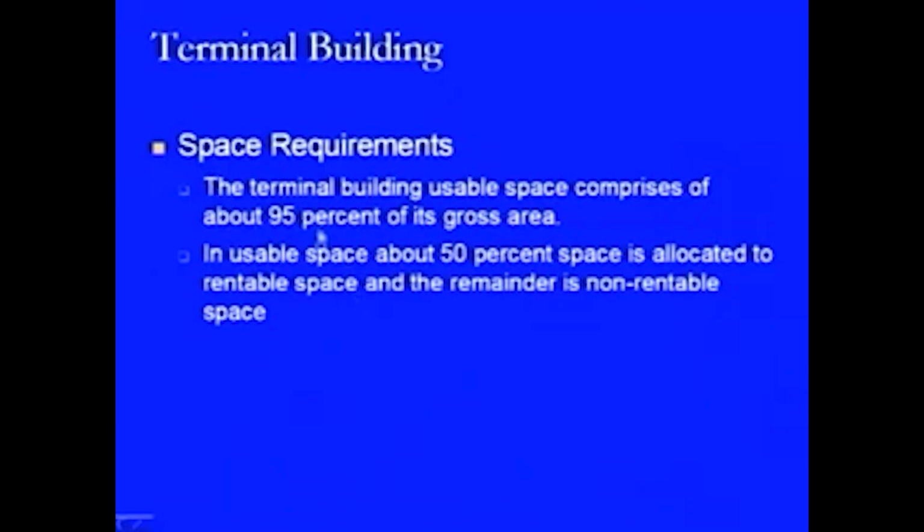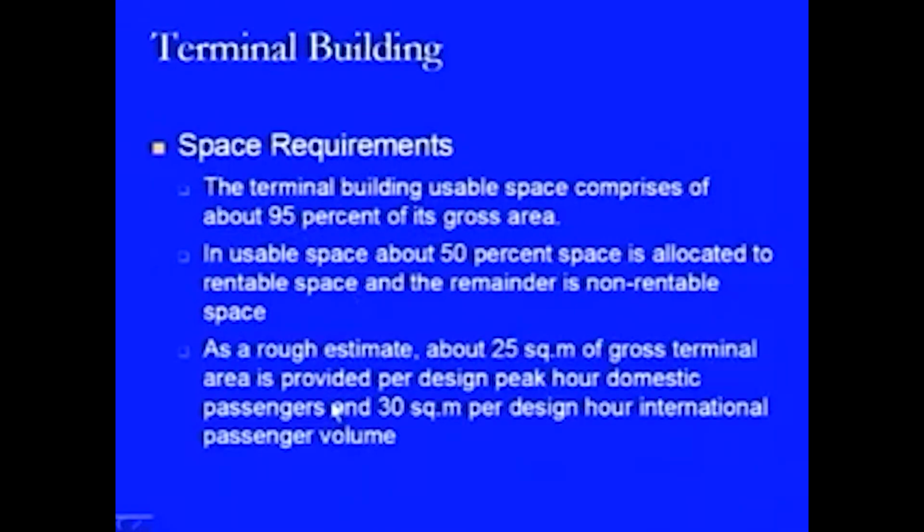That is the distribution of this percent. As a rough estimate, about 25 square meter of gross terminal area is provided per design peak hour domestic passenger, and 30 square meter per design peak hour international passenger. So, depending on the domestic or the international passenger volume, it is 25 square meter or 30 square meter of the gross terminal area respectively.